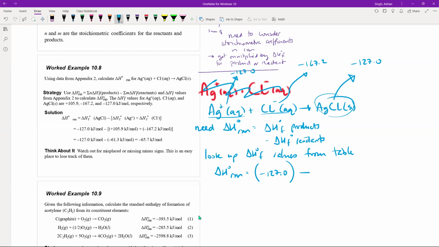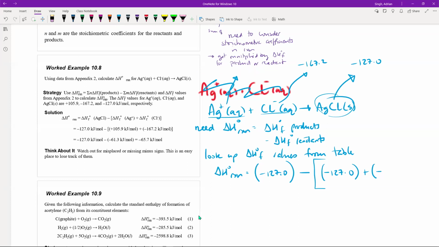And then we're going to subtract now, put all of this in and separate it from the rest of it. So we have the Ag plus and the Cl minus. So that is negative 127.0 plus negative, oops, I think I misread. The Ag plus is plus 105.9, my apologies.